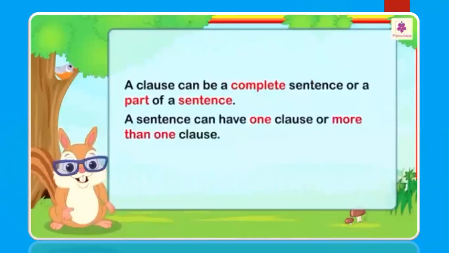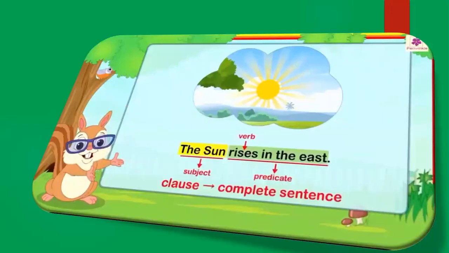So a clause can be a complete sentence or a part of a sentence. As you all know, a sentence can have one clause or more than one clause. For example, you can see, the sun rises in the east. So the sun is the subject, rises is the verb, rises in the east, this is the predicate.